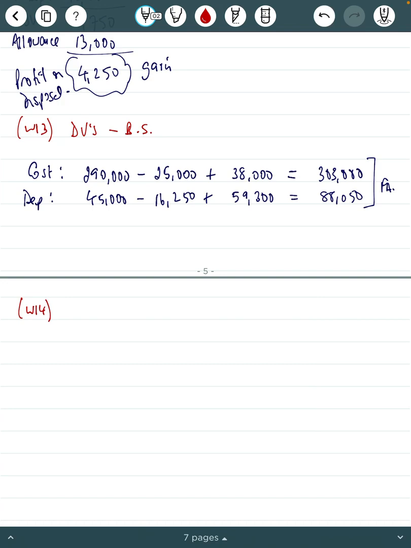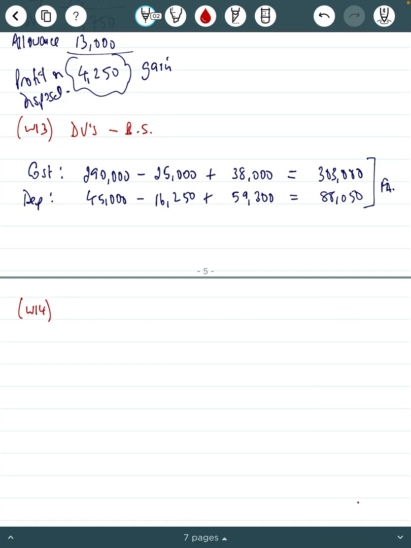So, if the land and buildings were revalued at the start of the year, we want to look at the depreciation charge for the year. That means we're going to work off the figure of 800,000 for buildings.